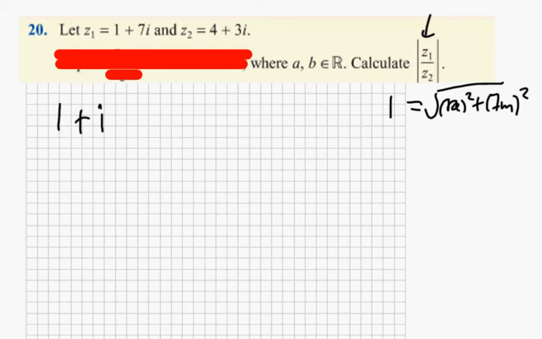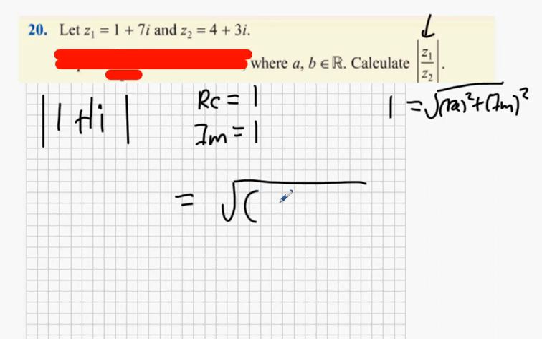Okay? So I'm getting the modulus of this number here. What is the real part? Real part is 1. What's the imaginary part? It's never i, it's the number that comes in front of the i. 1. How do I get the modulus of this answer then?